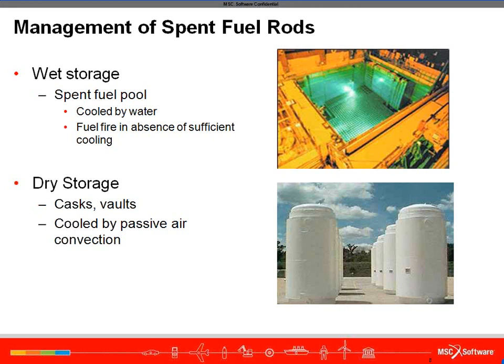The casks are typically steel cylinders that are either welded or bolted closed, and these steel cylinders provide a leak-tight containment to that spent fuel, obviously a very critical aspect of the casks. Each cylinder is surrounded in turn by additional steel, concrete, or other material to provide radiation shielding to workers and the others around it. Some of the cask designs, in addition, are intended for both storage and transportation, and we'll talk about that in a little more detail as well.